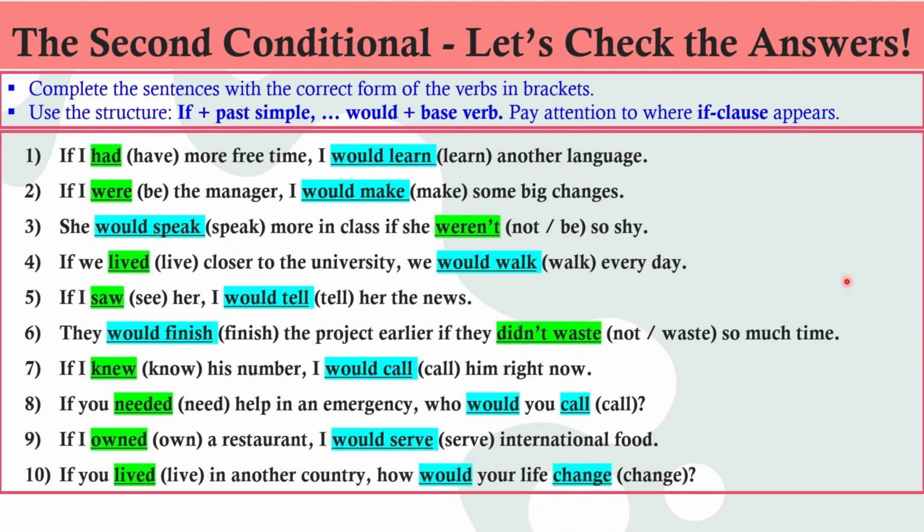Notice that in the answers, the verbs in the if clauses are highlighted in green, and those in the main clauses are highlighted in turquoise. And remember, the if clause can come first or last, but the meaning always stays the same. If there is any answer you didn't understand, please leave a comment below, and I'll get back to you as soon as possible.